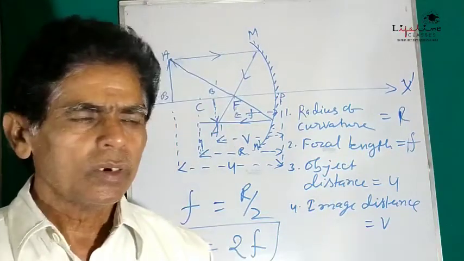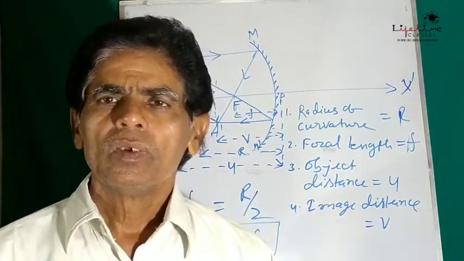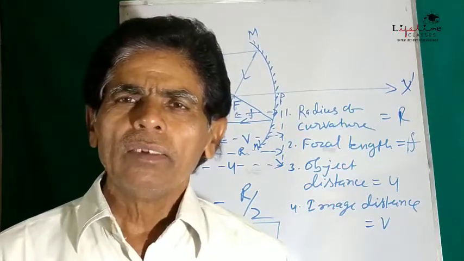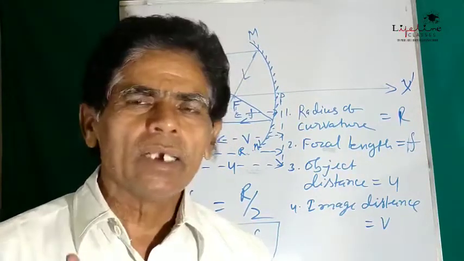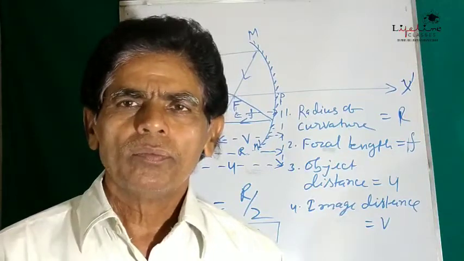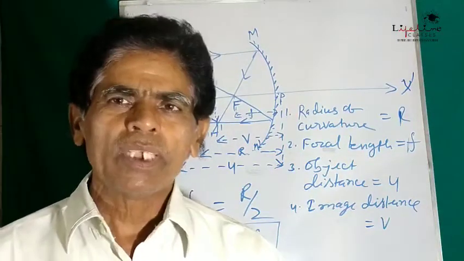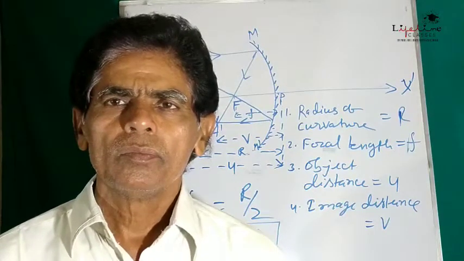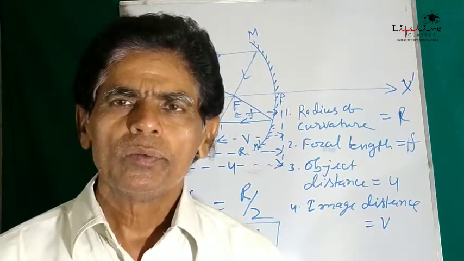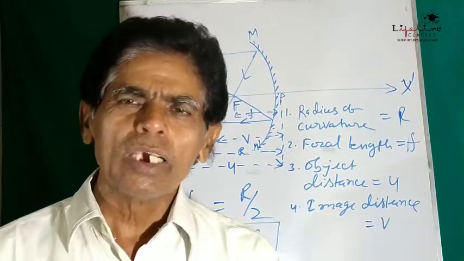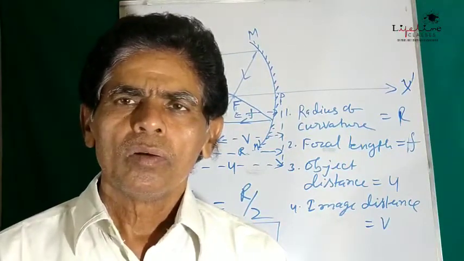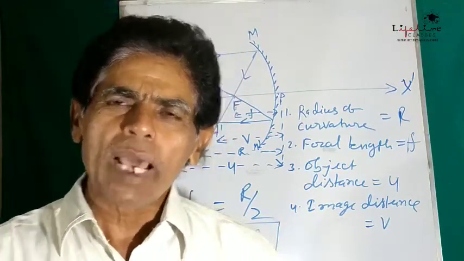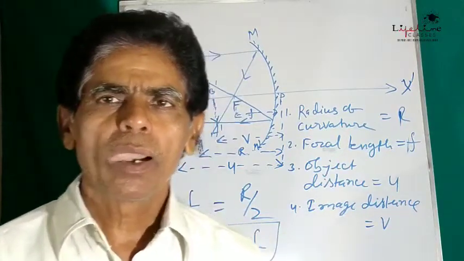Let us first take when light rays coming from the object are incident on the mirror parallel to the principal axis.